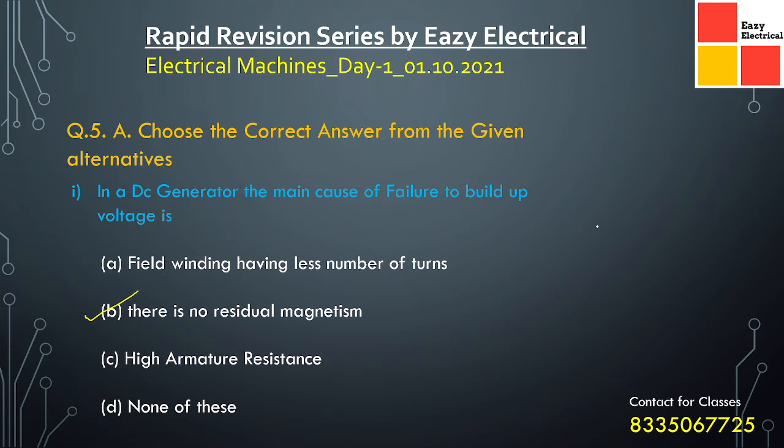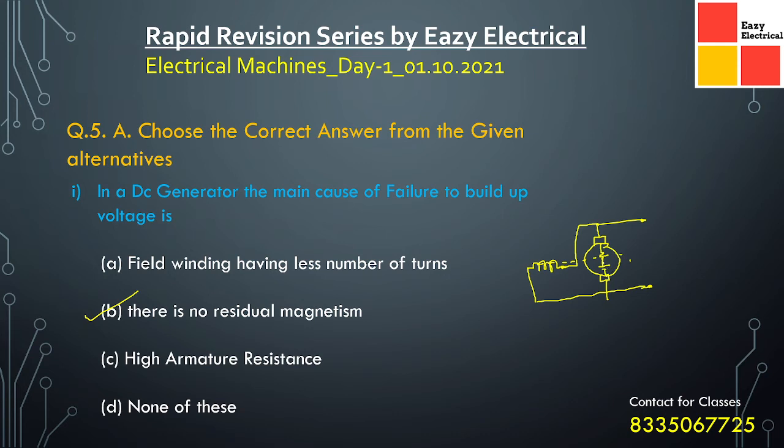Basically, if we consider a DC shunt generator like this, there has to be some amount of residual magnetism present in it. Because of this residual magnetism, some amount of flux will interact with the armature coils, and the armature coil will develop a small amount of voltage, say 1 volt or 2 volts.